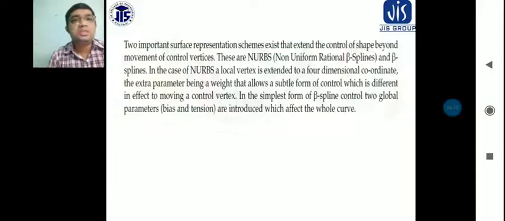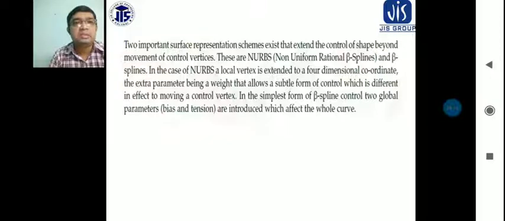Two important surface representation schemes exist that extend control of shape beyond movement of the control vertex. These are NURBS, the non-uniform rational B-splines, and beta splines. In the case of NURBS, a control vertex is extended to four-dimensional coordinates.